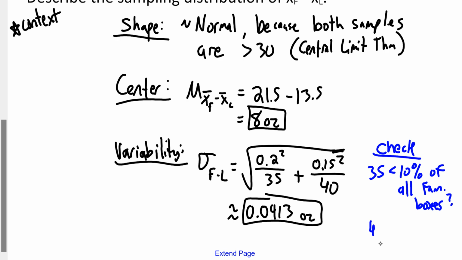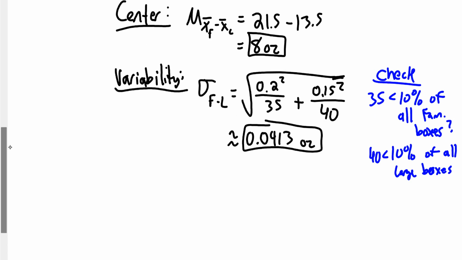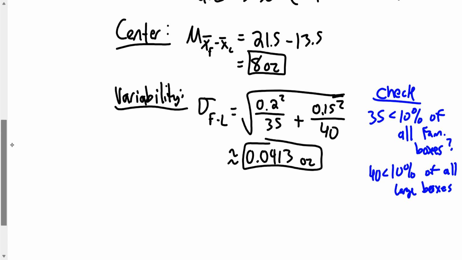And is 40 less than 10% of all large boxes? I would say we can assume yes for both of those, because they make a ton of boxes. They might even have that many in one store. So we're going to say yes to both.